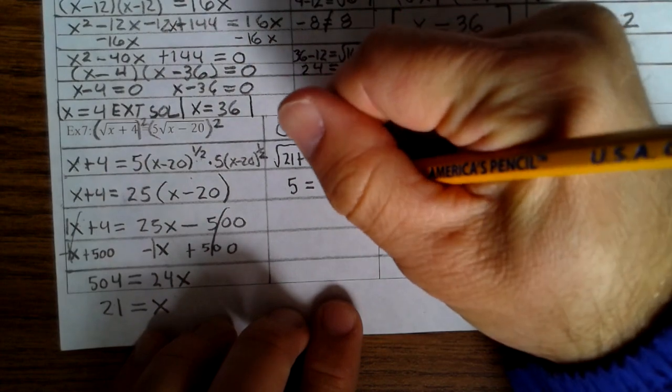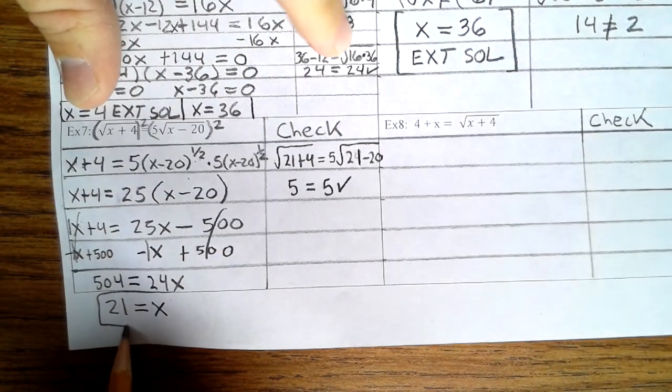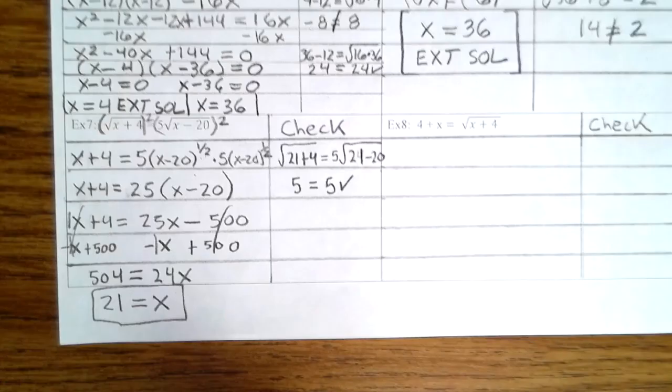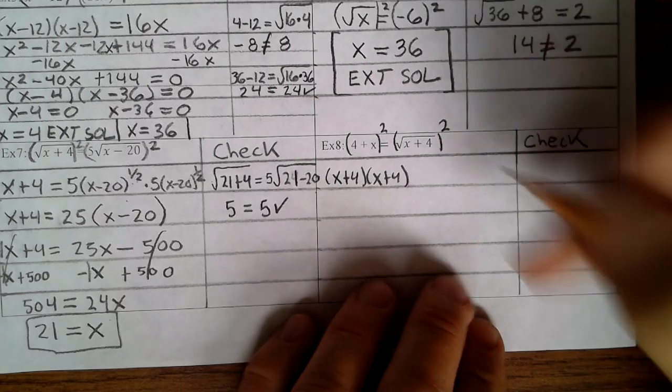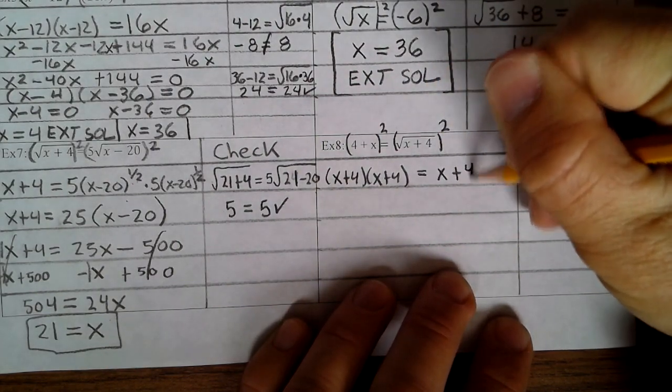All right, so we're going to square both sides. And I'm going to rewrite this as x plus 4 times x plus 4 equals x plus 4. So you get x squared plus 4x plus 4x plus 16 equals x plus 4.